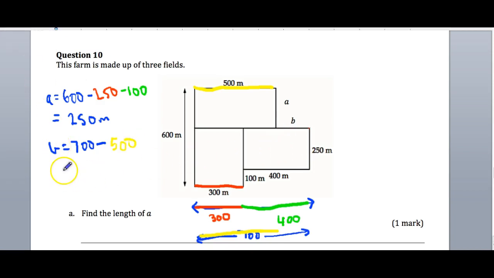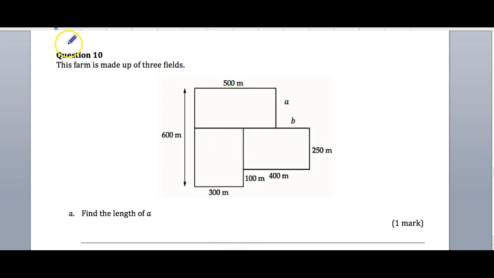And that's 200. Okay, so we found A and B. All right, I'm going to leave A and B on. Oh, I did it again.